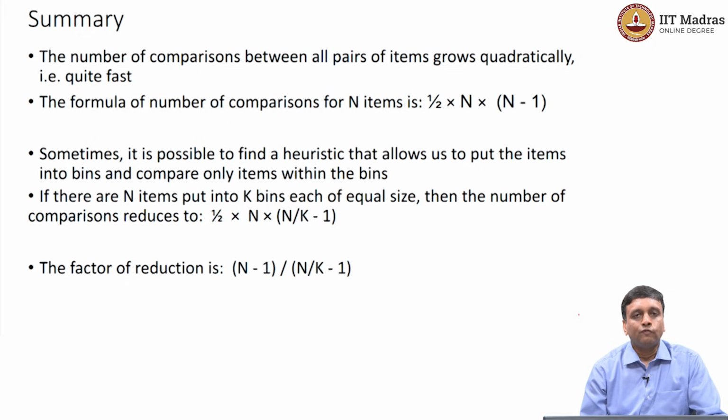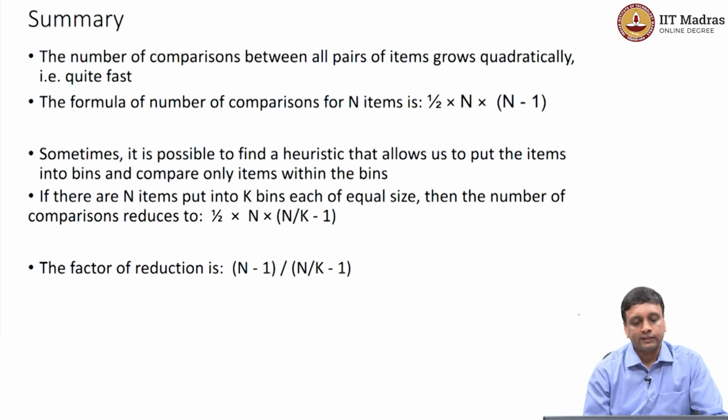So hopefully this will give you a clearer picture of what happens when we do binning. When we do binning, we reduce the number of comparisons from n into n minus 1 by 2 to a factor which is replaced by n by k, where k is the number of bins. So the more bins we can put them in and reduce the comparison across bins, the better the speed up that we get, in terms of the fewer comparisons that we have to do.